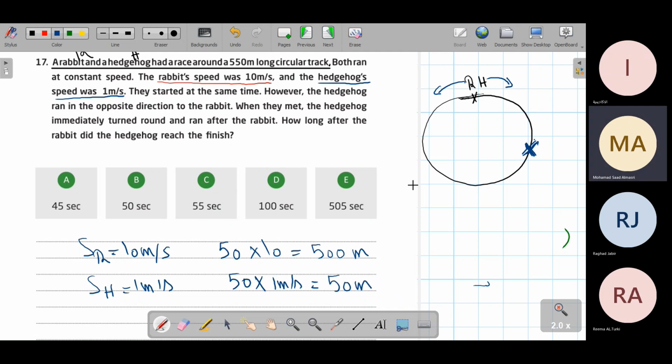So now the rabbit will run this way. How many meters, Ragad? 500. From the starting point to this point where they will meet, it's 500 meters. And from the starting point of the hedgehog to this point, it's 50 meters. Is that clear now?